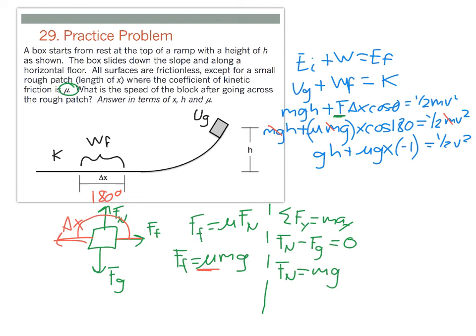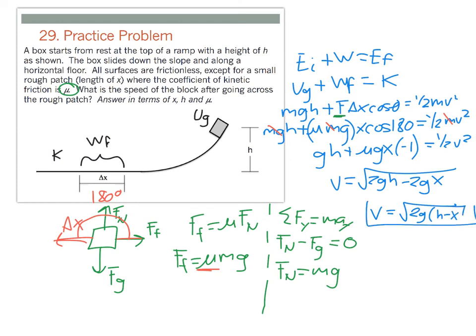And then I can multiply both sides by 2 and square root this to get that v is equal to the square root of 2gh minus 2 mu gx. If I wanted to simplify it some, I could also say v is equal to the square root of 2g times h minus mu x. That would work as well, but you don't necessarily have to simplify it there. Either one is acceptable.